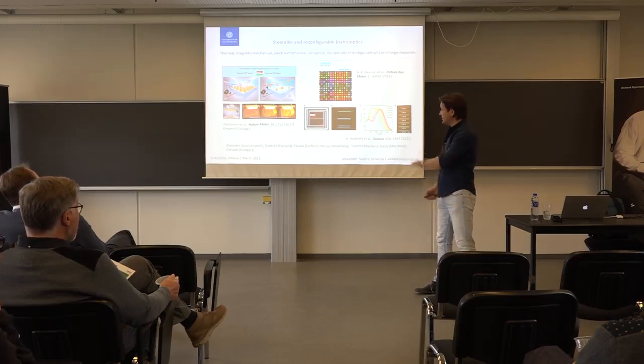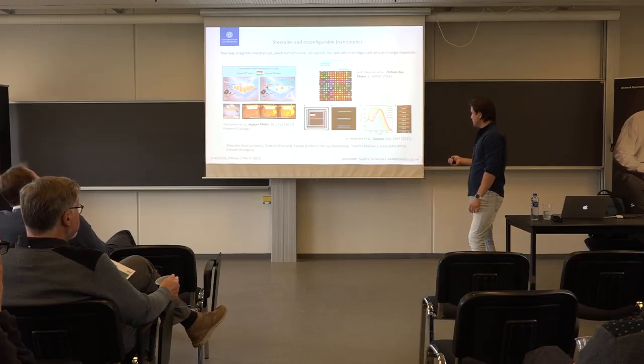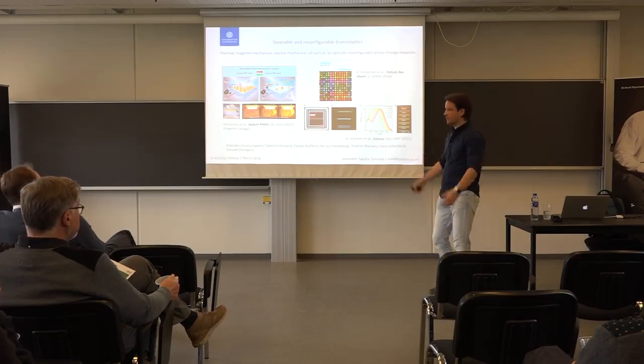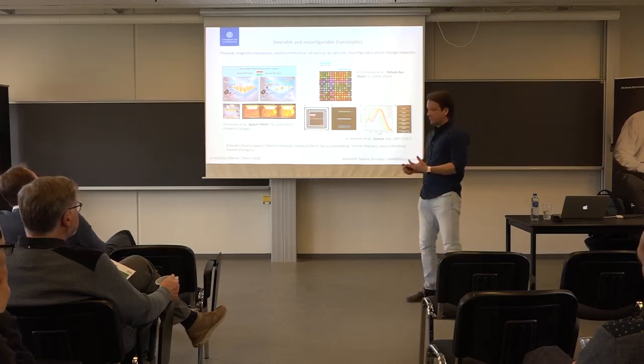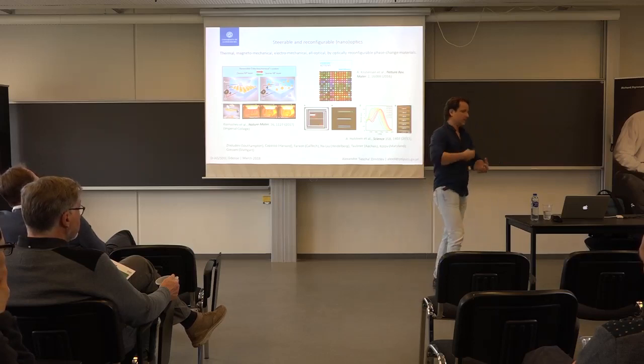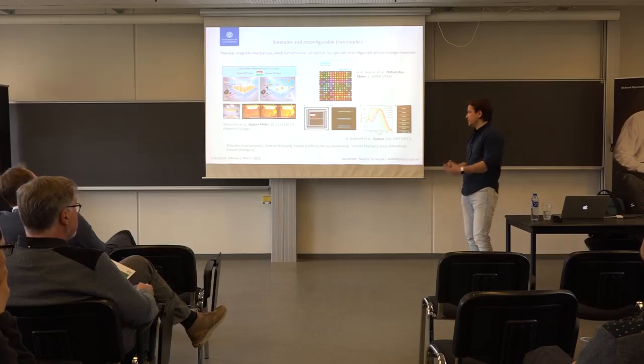So it's a little bit slow, but it's extremely functional. I mean, the visible change is amazing. You go from red to green, so you span the entire visible range. So these are some examples of how people in that field have come to tunable optical elements of different kinds.